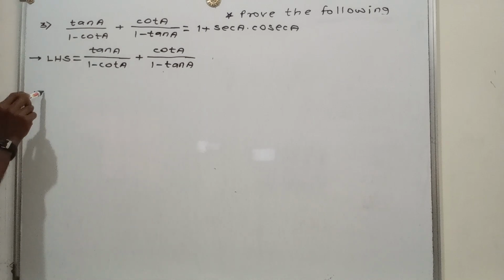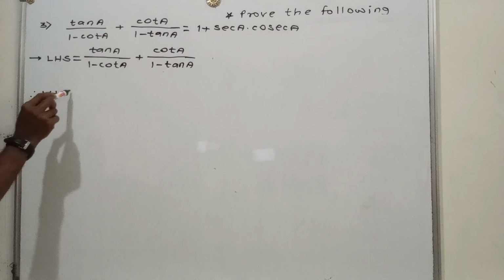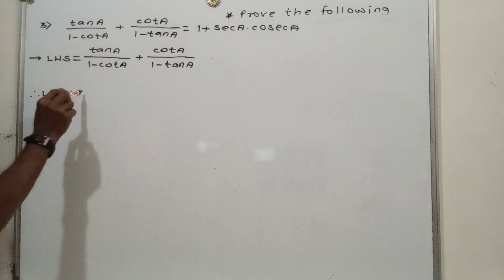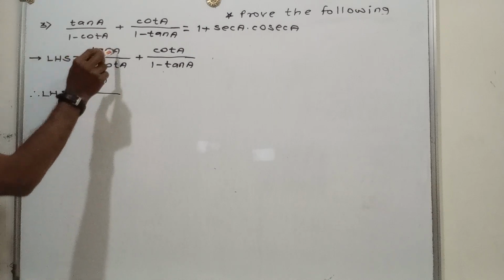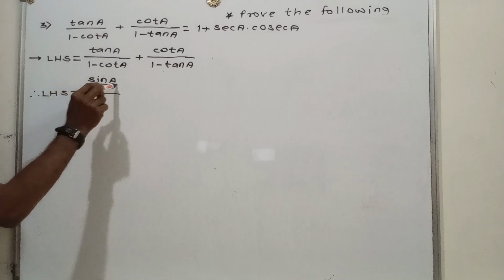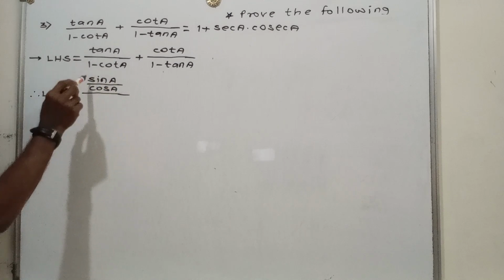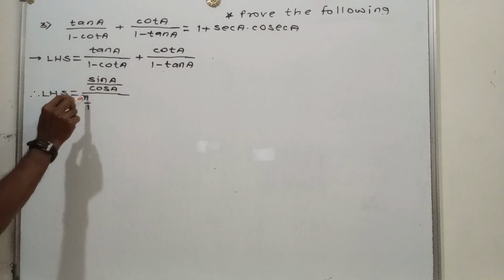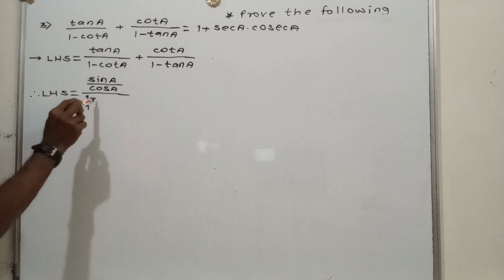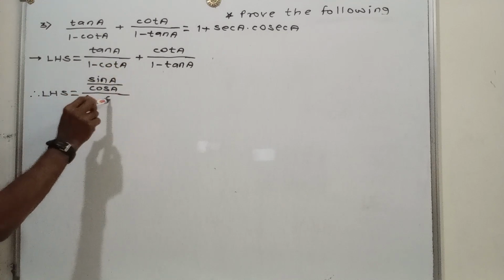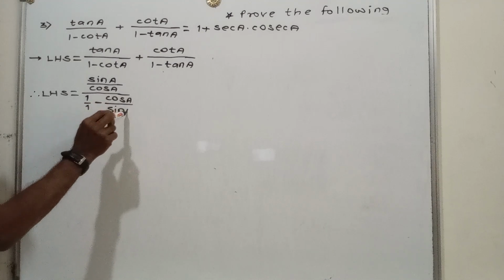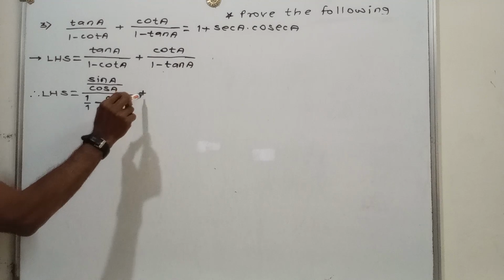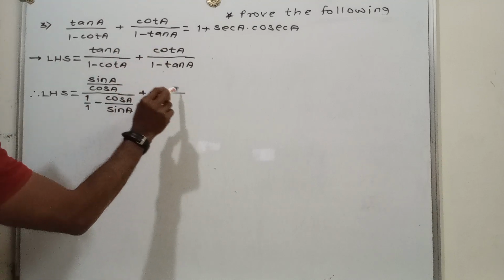Therefore, LHS is equal to, here, tan A means sin A upon cos A divided by 1 upon 1. This 1 means we write 1 upon 1 minus cot A, means cos A upon sin A. Same way we write here, same to same.